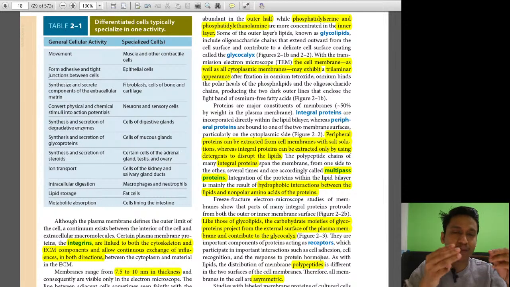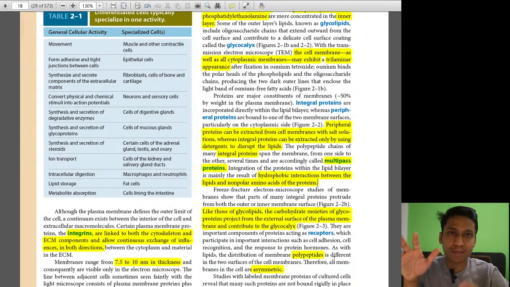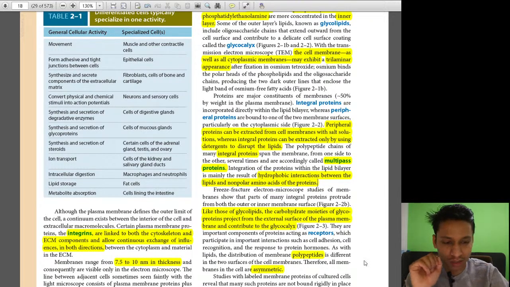And when a protein is in these three types of roles, it's called a receptor. So what are receptors? Basically, they are integral proteins. But we have to know one thing: not all proteins are receptors, but all receptors are proteins.